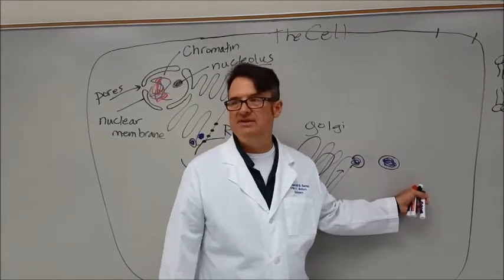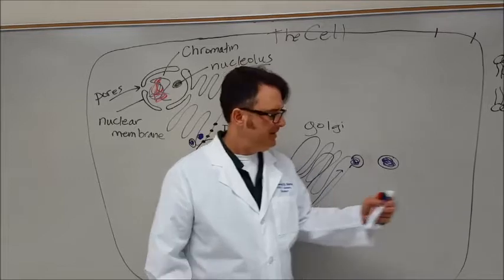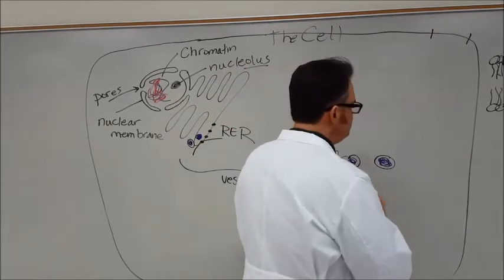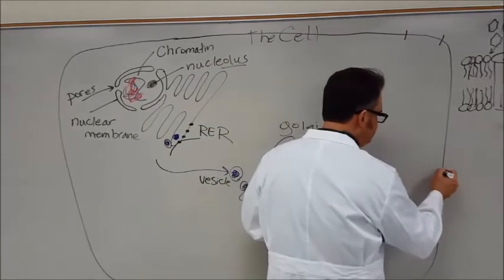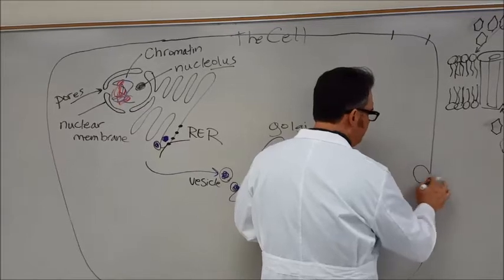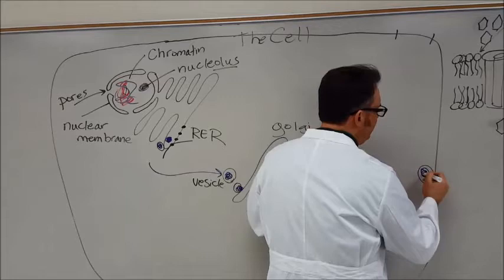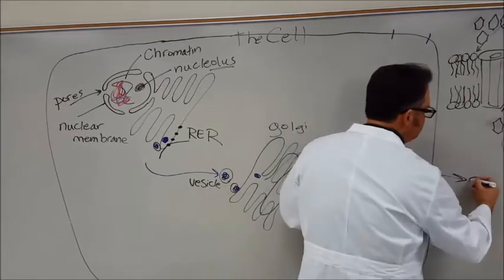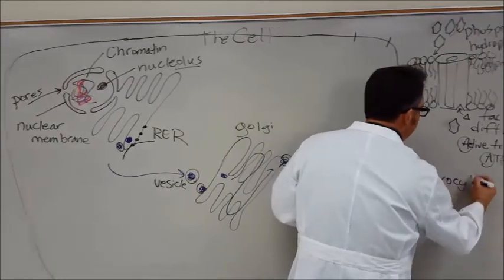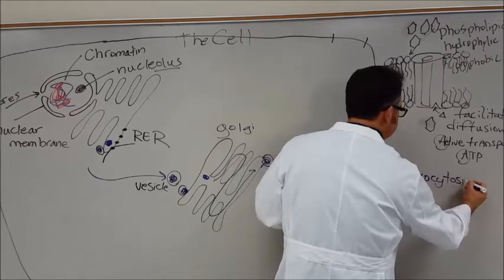It can either be stored inside of the cell for use later, or it can fuse, pay attention now, it can fuse with the membrane, and this protein can be transmitted to the outside. That process, by the way, is called exocytosis.